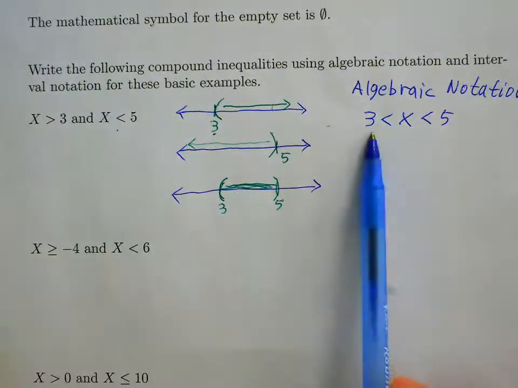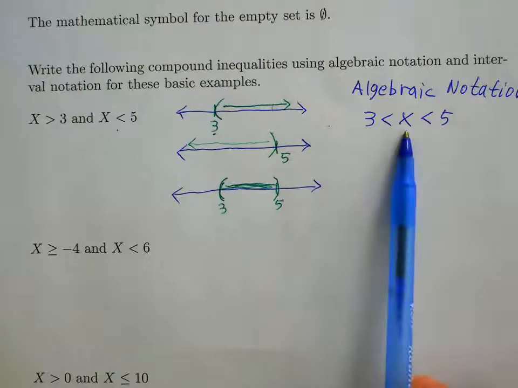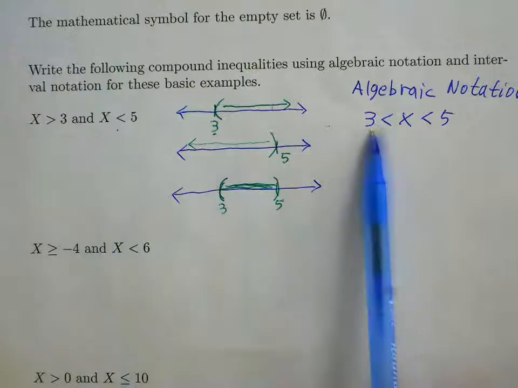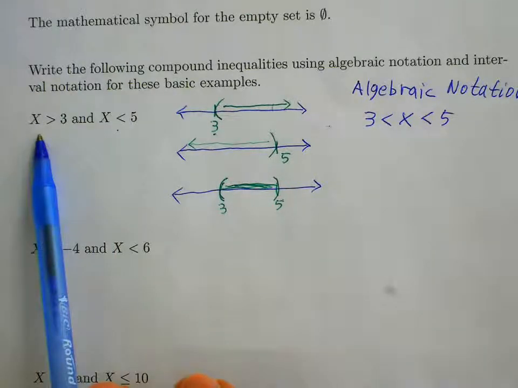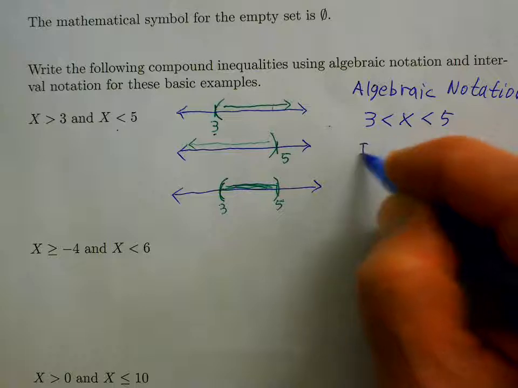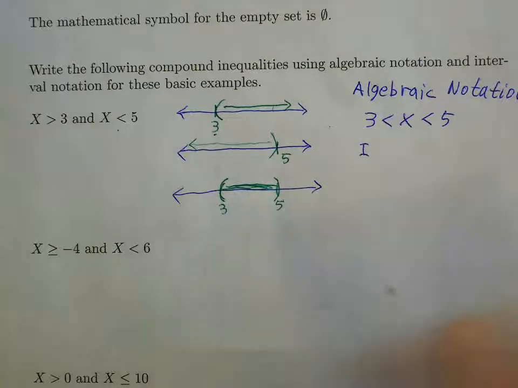So this is saying 3 is less than x and x is less than 5. That's what we're given over here. 3 less than x is equivalent to x greater than 3, right? That's the algebraic notation. The interval notation, you can also use the graph to help you with the interval notation.